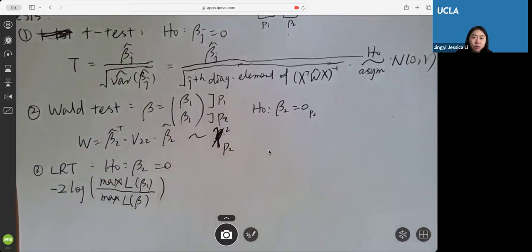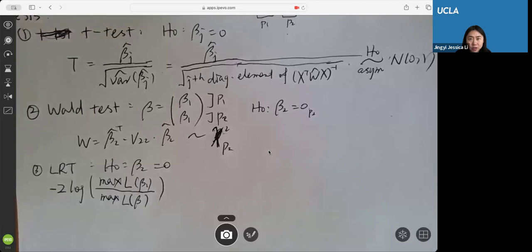So beta includes beta 2, while beta 1 doesn't. So we can actually use the deviance statistic. Suppose your R has the deviance function, you can easily leverage that function to help you do the calculation.